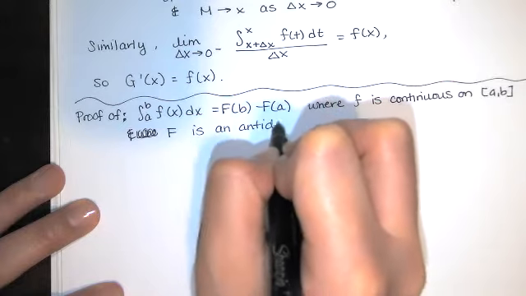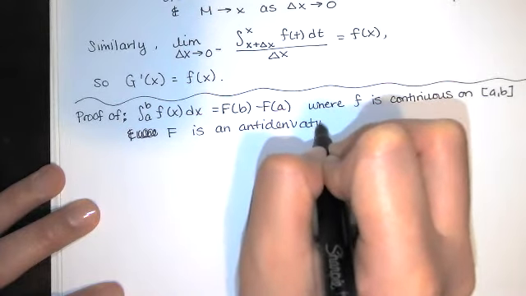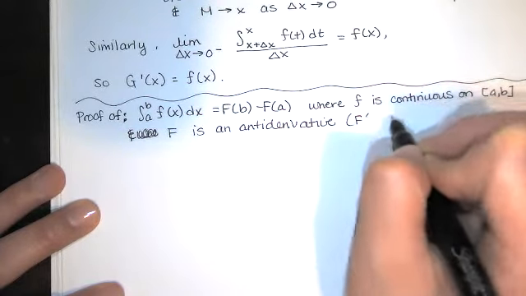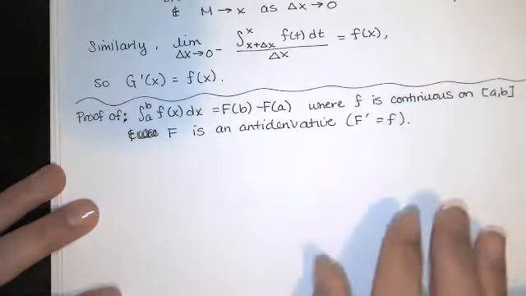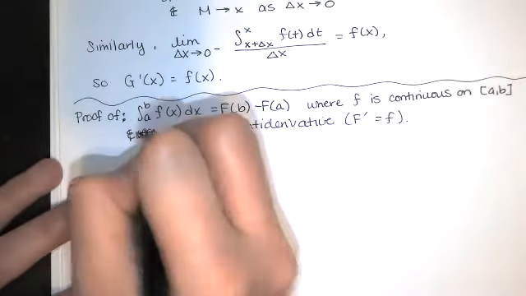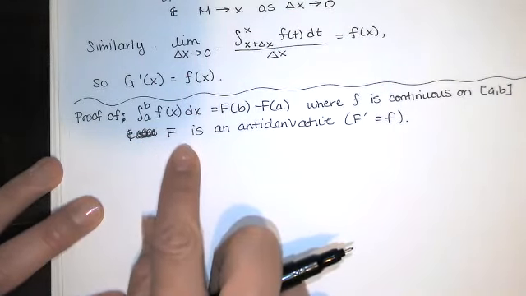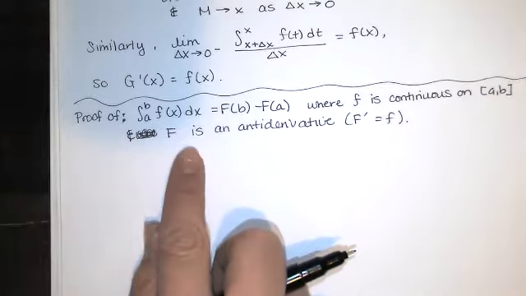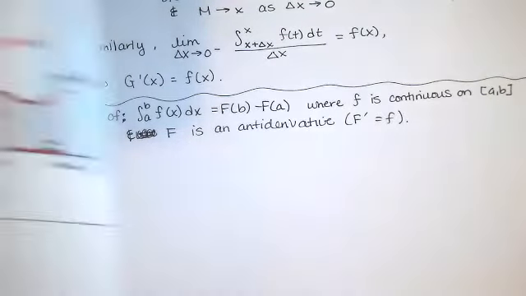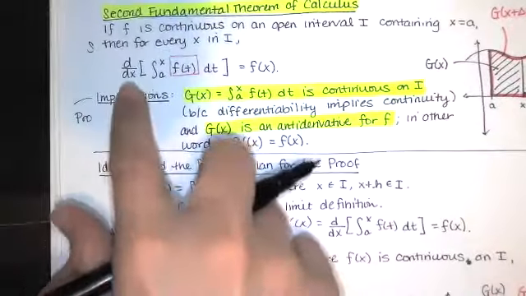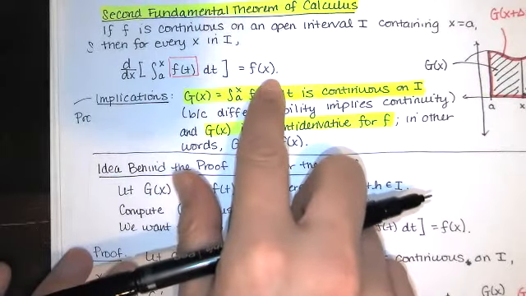And remember what it means to be an antiderivative. That just means that F prime is equal to little f. Okay, well, if F is an antiderivative, it must be related to that g of x that we just found. We were able to show earlier that the derivative of this function is f of x.